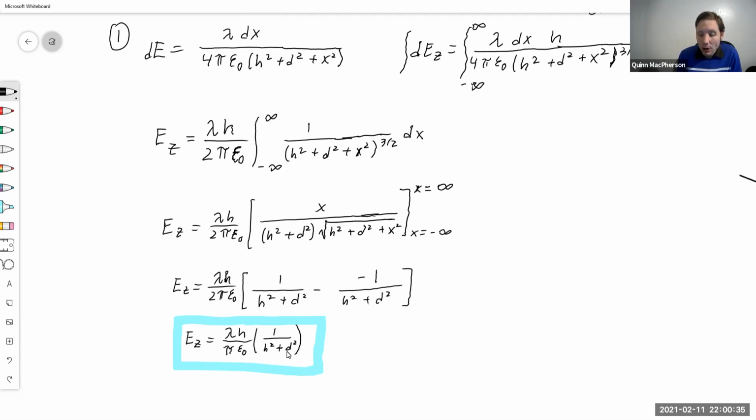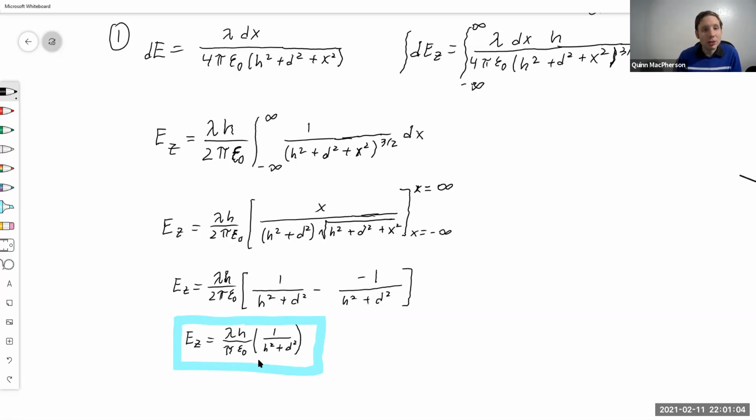Sort of makes sense. What happens if h is much larger than d? Well, if h is much larger than d, or similarly, if d equals 0, the d goes away here. The h in the numerator cancels one of the h's in the denominator, and we're left with lambda over pi epsilon naught h. You may remember that the field due to a single line charge is lambda over 2 pi epsilon naught h.